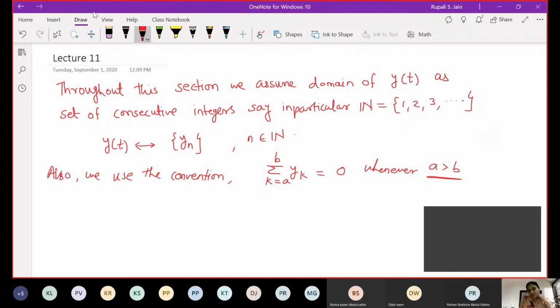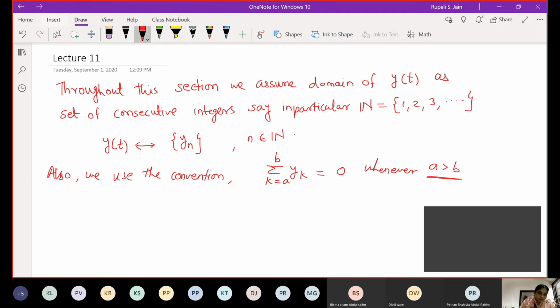Is that clear? That is the convention we are using, and y_k is my sequence.